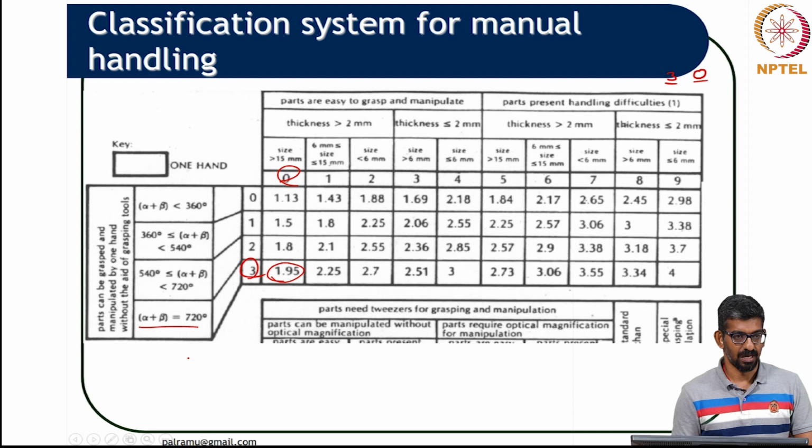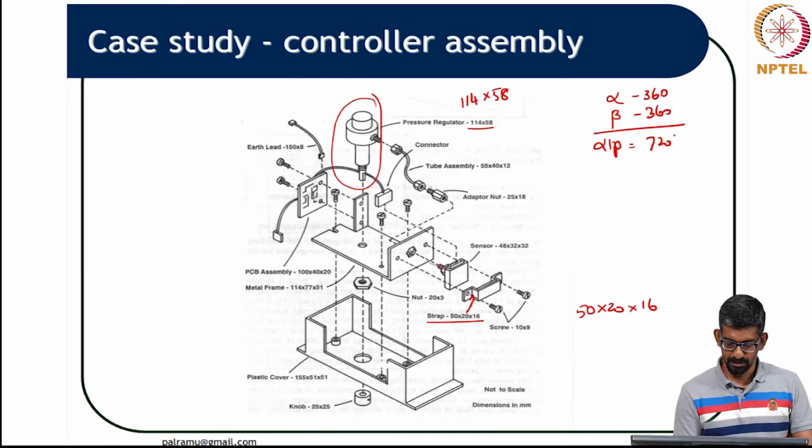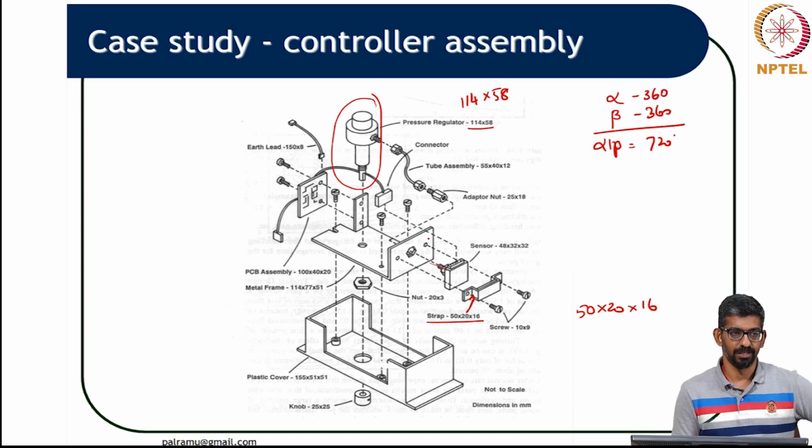And then what was its alpha plus beta? Let us see here. Okay, so it is getting inserted this way, it is getting inserted this way. So, the axis that is perpendicular to that. So, if you are going to rotate it, how many times?